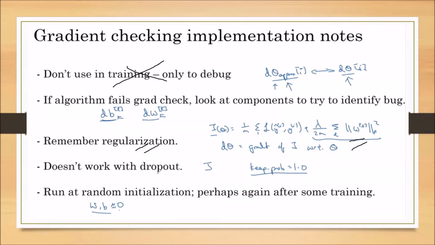But if you are using dropout regularization, don't try to implement dropout when we are using the numerical computation. It will give false results or errors. So if you are using dropout regularization, immediately make the keep probability 1.0. This is a very important point you have to remember if you are using dropout regularization.